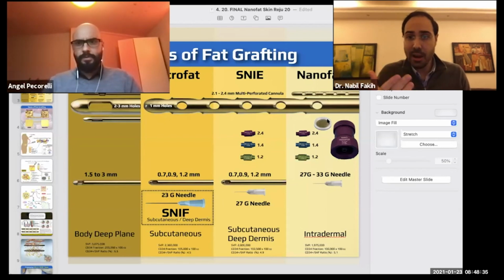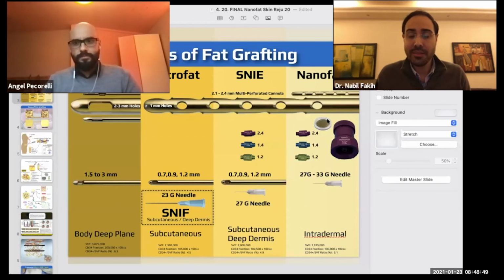But technically, if I want to really add, or for some people who, after they did blepharoplasty, want to improve this area more, I'll be injecting microfat under the muscle, a little quantity, and sometimes I can inject some nanofat under the skin, or sometimes I also inject some SNIE, emulsified fat, with a cannula under the muscle, a little part, just to smoothen when they have little depressions.